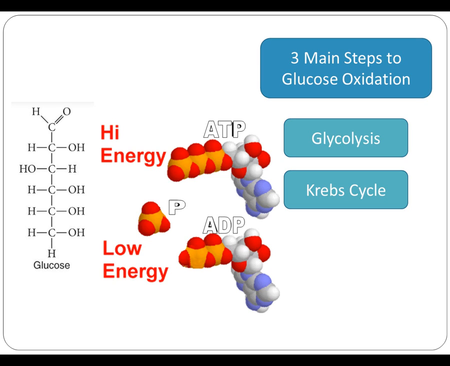You may know it. It produces two molecules of ATP as well. It also releases NADH and hydrogen ions. It'll release a whole heck of a bunch of NADH and their associated hydrogen ions.